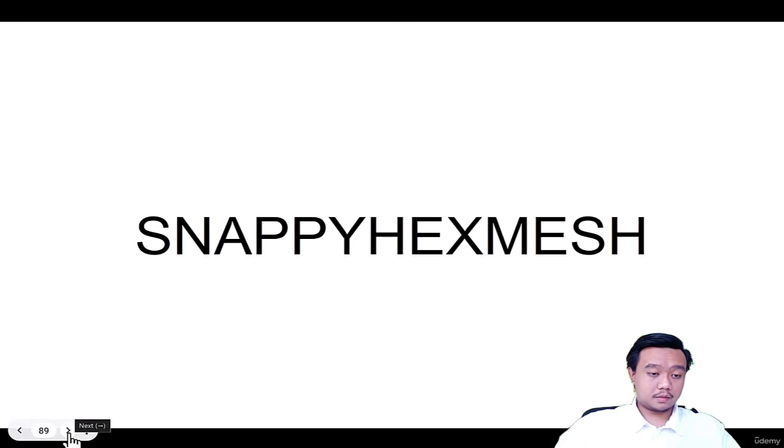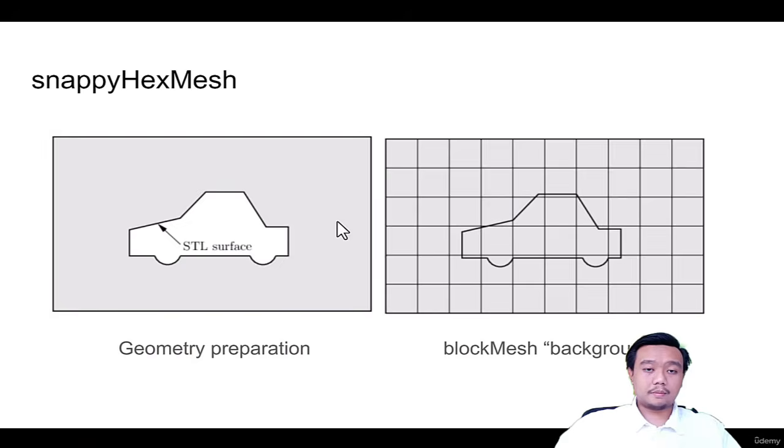So, snappyHexMesh itself is basically you prepare the block mesh like this for the regular block mesh. Then you can import or prepare your geometry in the format of STL or OBJ, depending on your CAD geometry exporter or your modeler to export.